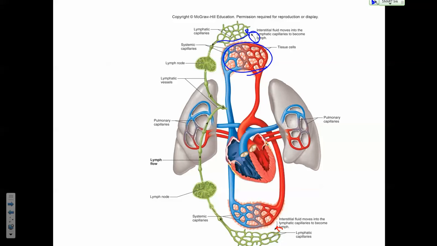Then it goes through lymph vessels, drains through lymph nodes to other lymph vessels, and ultimately empties into a blood vessel close to the superior vena cava. So it makes its way back to the bloodstream. When it's in the blood, it's called blood plasma. When it's bathing your cells, it's called interstitial fluid. And when it gets into a lymph vessel, it's called lymph. It's all kind of the same thing. Do you remember I've told you a drop of blood doesn't stay in one compartment all the time? It's constantly moving.